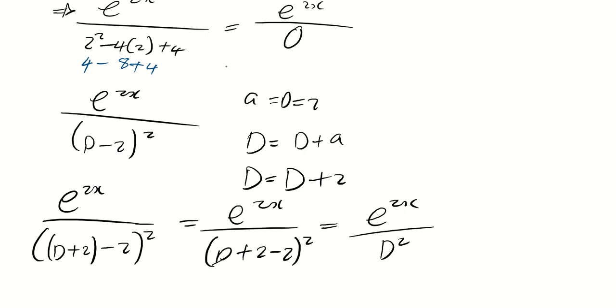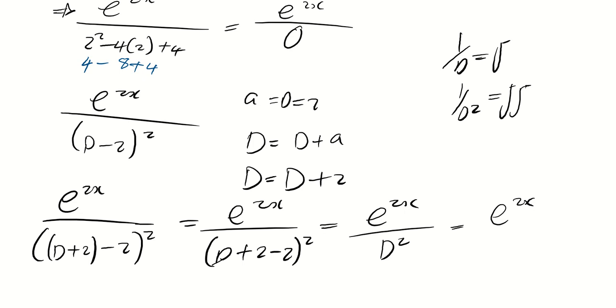So remember, 1 over D is equal to the integral, then 1 over D squared means a double integral, right? It means double integral.